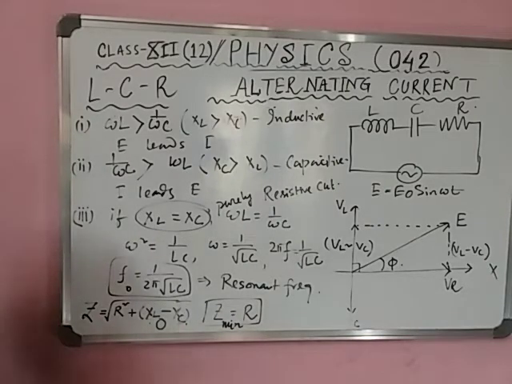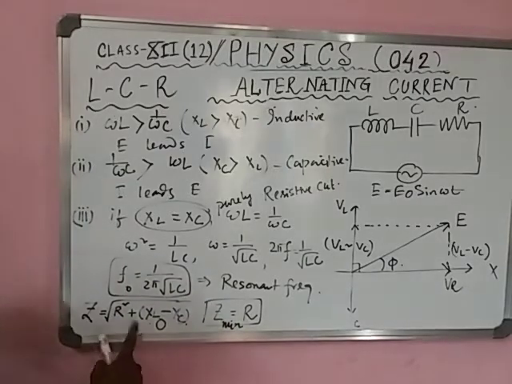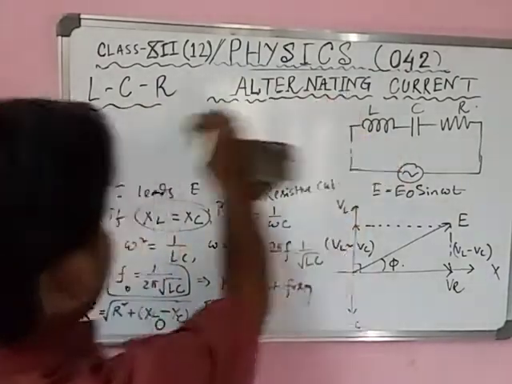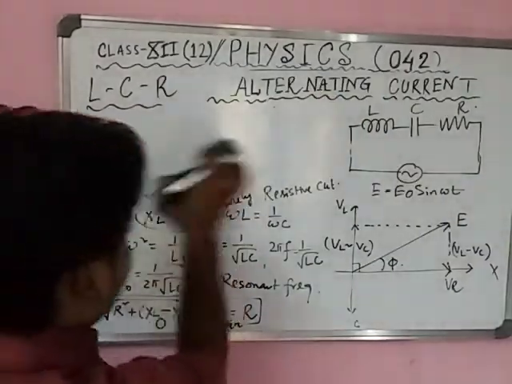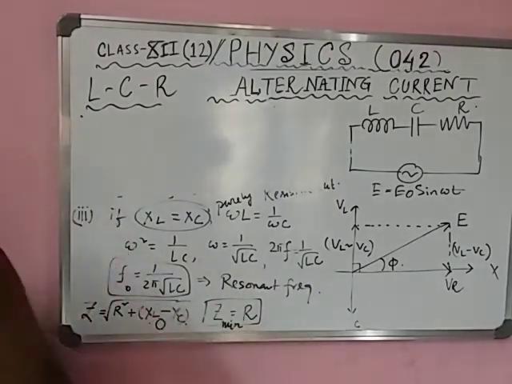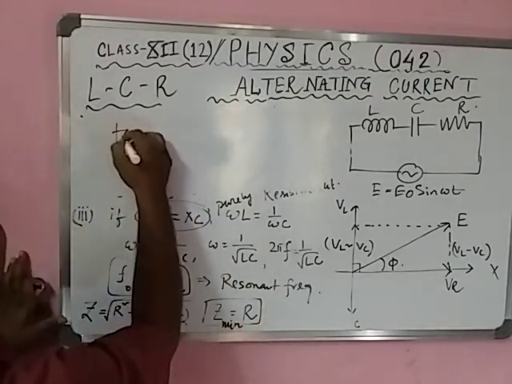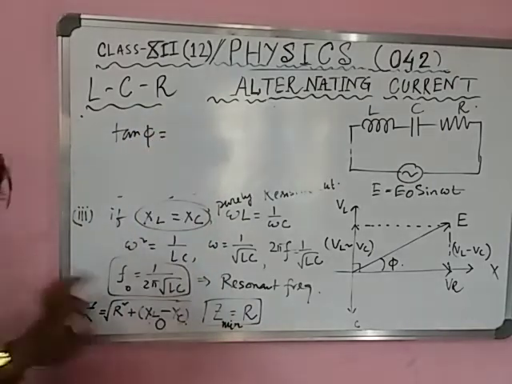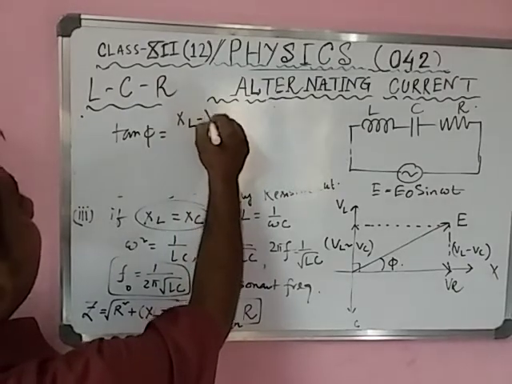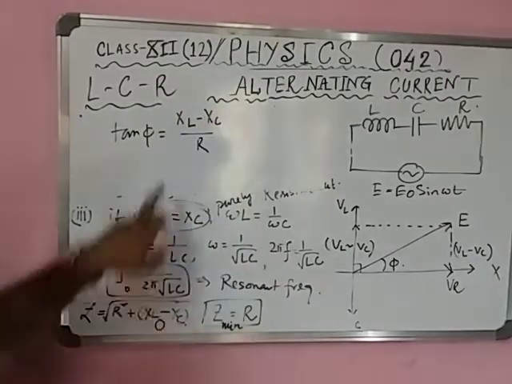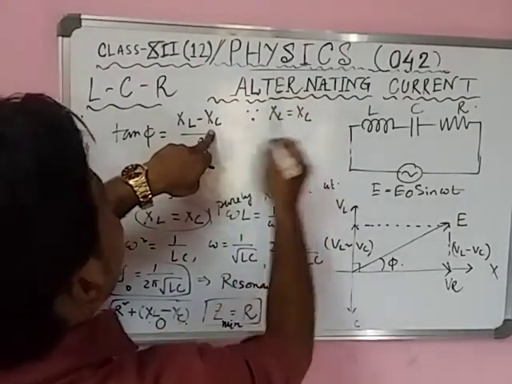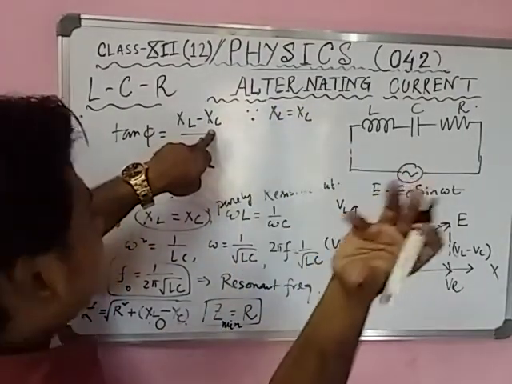Now students, put the value of this in phi. Let's see what happened. If we put the resonant condition in tan phi, then tan phi is equal to XL minus XC by R. As XL equal to XC, XL minus XC equal to 0.